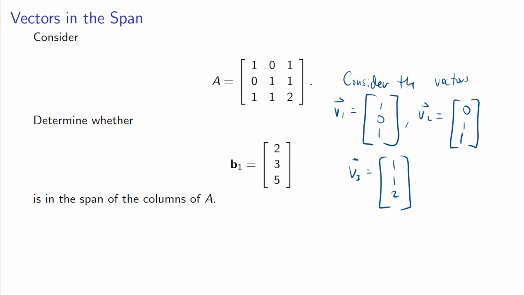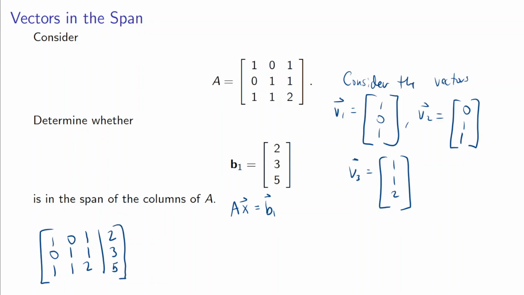Either way, we're looking to see, is there a solution to the equation Ax equals b1? So we can set up our augmented matrix for that system, putting A as our coefficient matrix and b1 as the right-hand side.